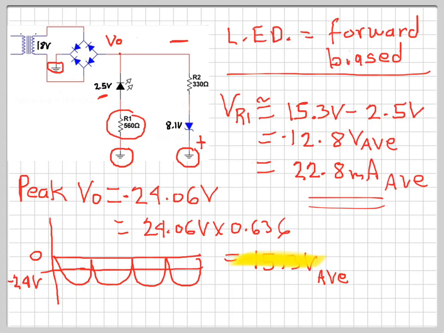So these three are all connected together. If you wanted to display the secondary waveform on the 18 volts, you'd have to connect your channel 1 lead there and the ground clip there, because there can only be one ground in the circuit, remember? So that would display your 18 volts secondary waveform.